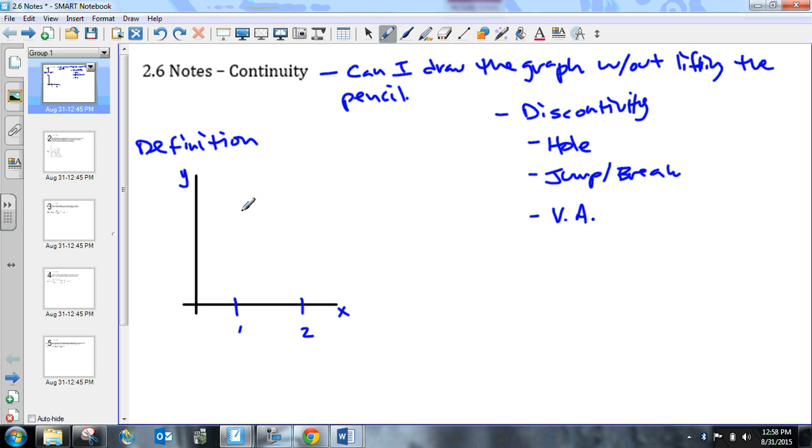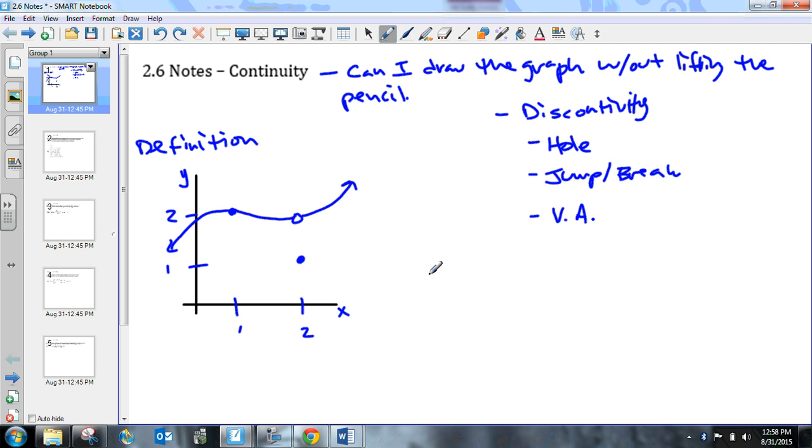At 1, I have a point on the graph. I'll make my function like this, just some arbitrary function, with a point at 2 and a point at 1. We're continuous everywhere, but we're concerned about what's happening at 1 and at 2.